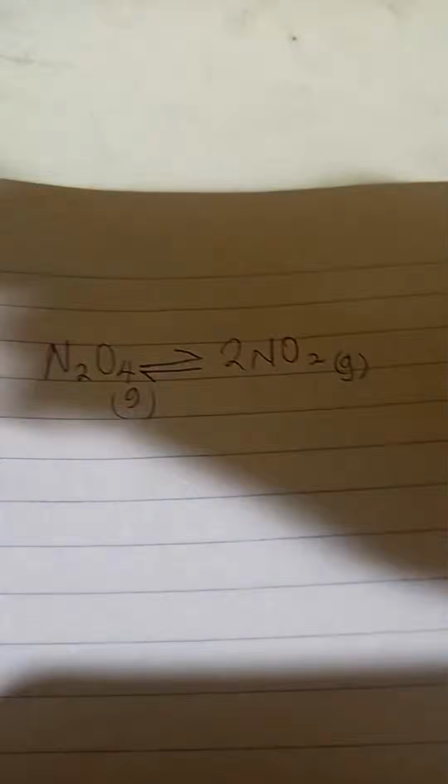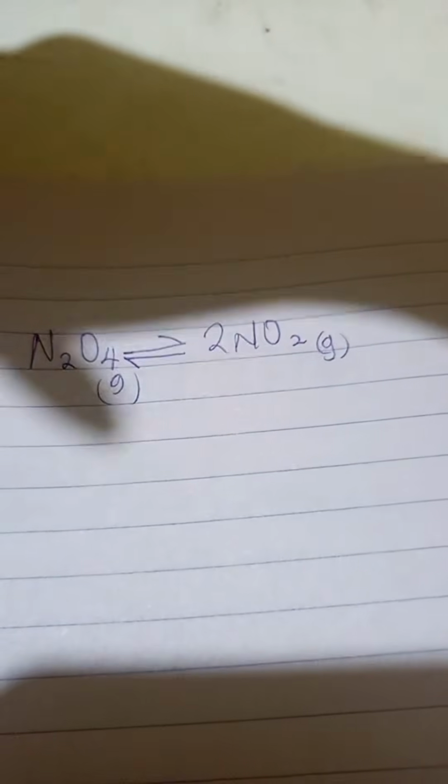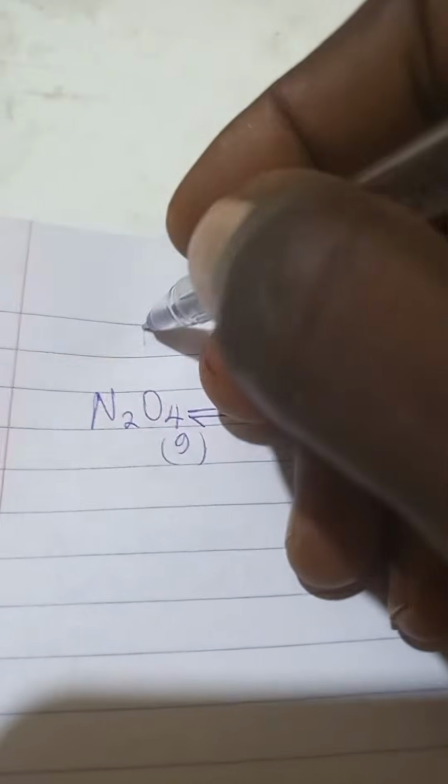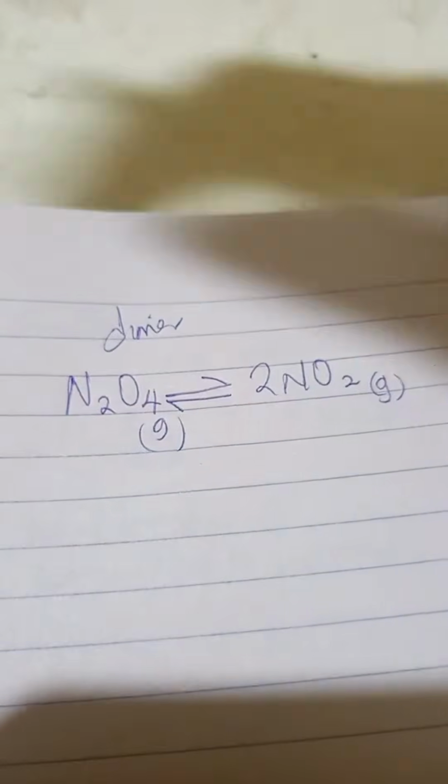So please pay attention. All right, now this stuff is very, very important. Listen carefully. This N2O4 is a dimer. So the name is dinitrogen tetroxide.